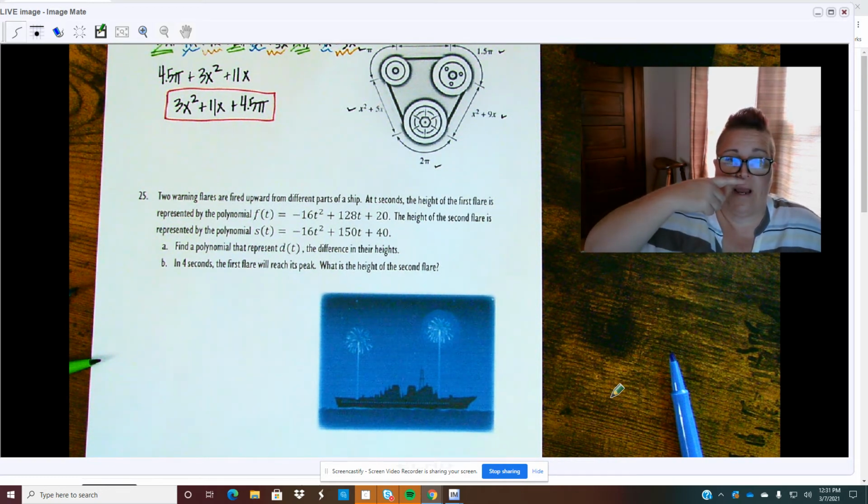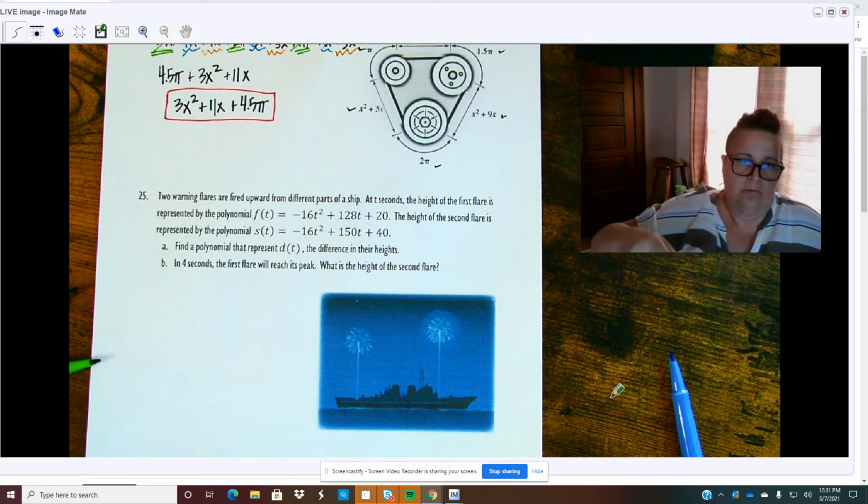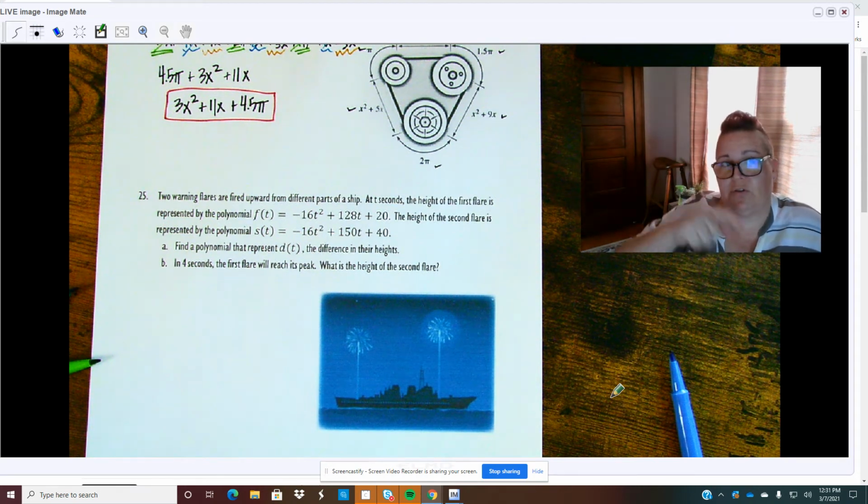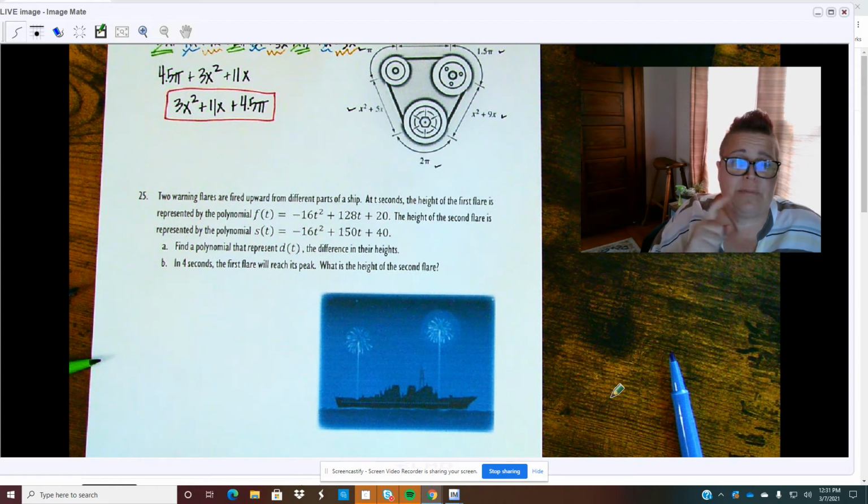So it's describing what is likely an up and down, right? Because that's what happens when you shoot a flare. It goes up and down. It's different from the second flare, which has a height of negative 16t squared plus 150t plus 40. I don't know how many t seconds there are. Find a polynomial that represents d of t, the difference in their heights.